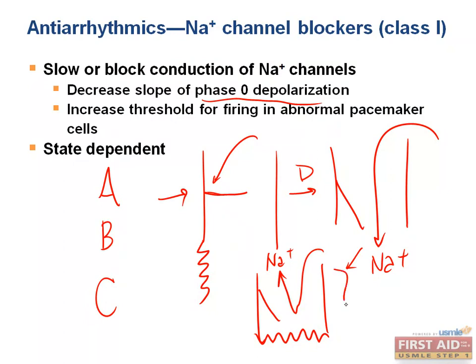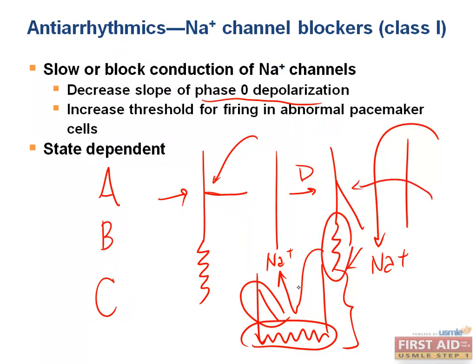Well, probably in this state right here, when this activation gate is still open and this inactivation gate is slammed shut. Or in this state, when the inactivation gate is still in its normal position and the activation gate is open. So the more frequently we depolarize, the more opportunities these Class 1 antiarrhythmics will have to bind these channels.